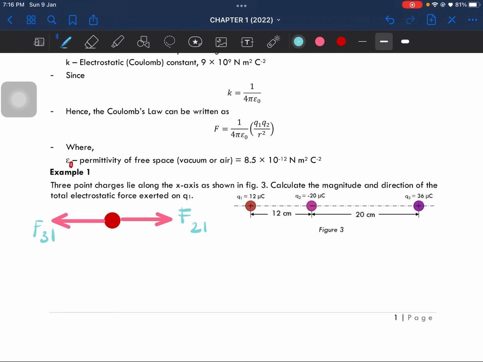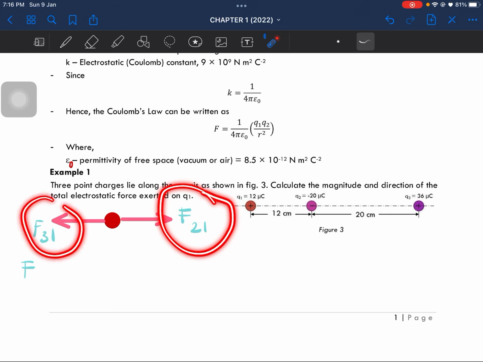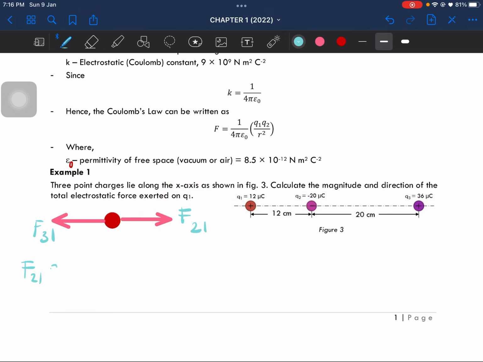We can then use Coulomb's equation. We calculate one by one, for this one and then this one. So force F21 equals k Q2 Q1 over r12 squared. Don't take the sign; this is just the magnitude.